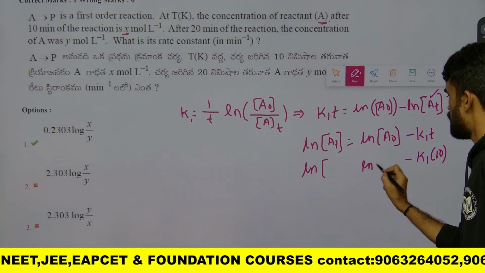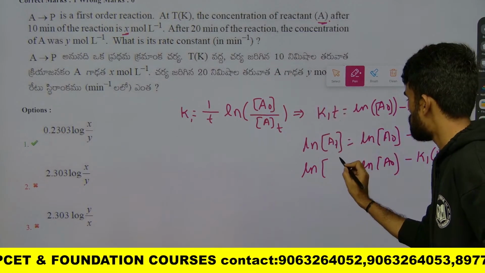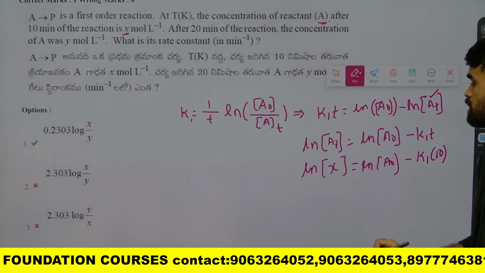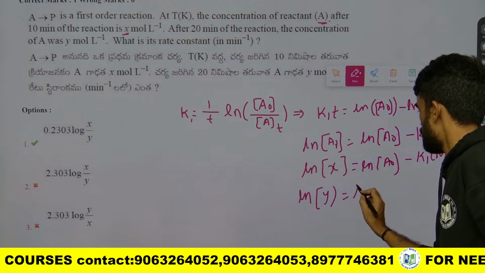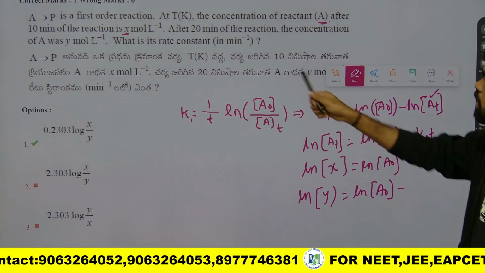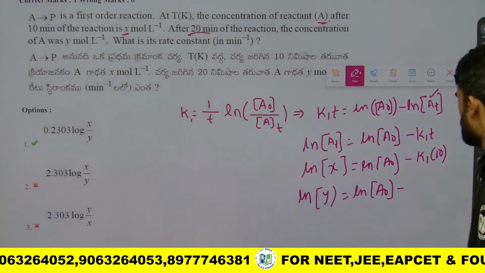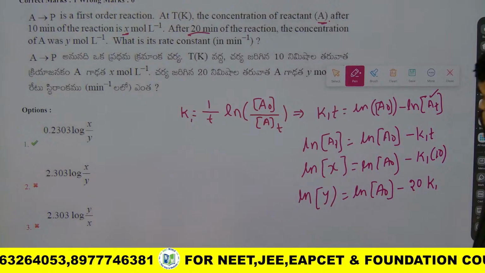So ln X equals ln A0 minus 10 K1. Similarly, the second equation you will get: ln Y equals ln of A0 minus, for Y it is 20 minutes, so 20 K1. Okay, hope it is clear.